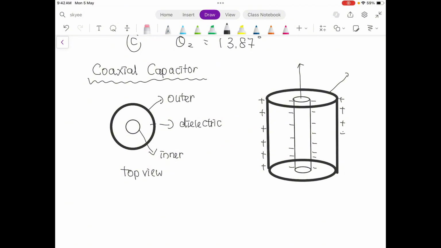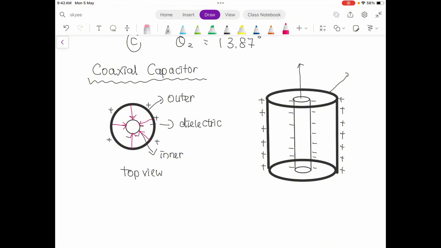So all the positive charge is on the surface of the outer conductor. From the top view, this is the negative charge, and here you have the positive charge. The electric field will be from the positive charge towards the negative charge. So this is the electric flux in between these two conductors, inner and outer.